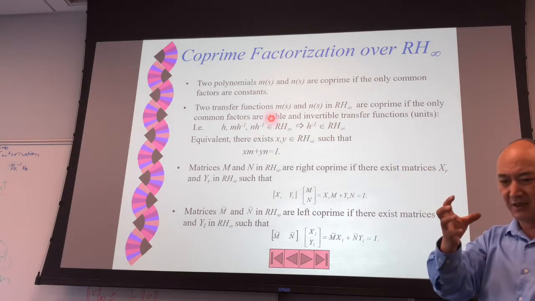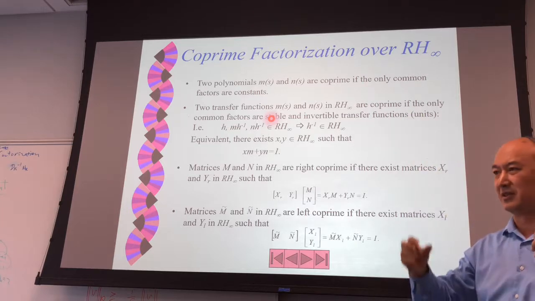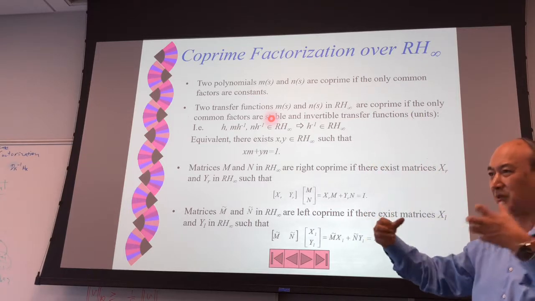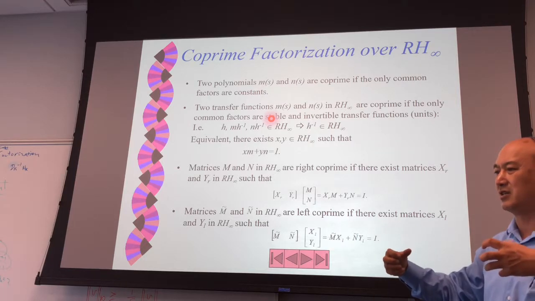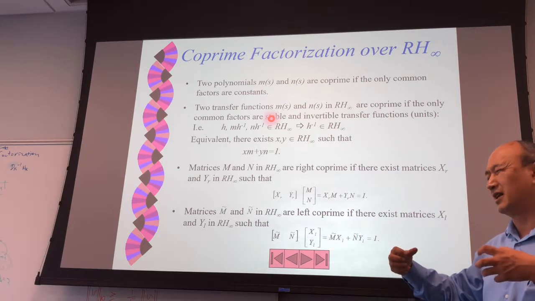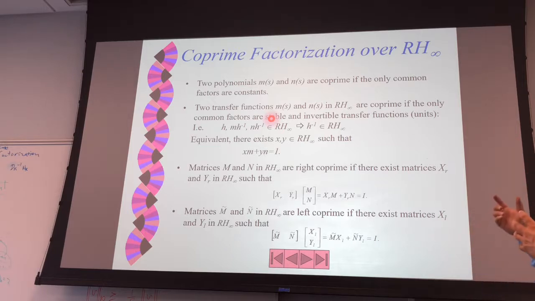M has a numerator and denominator, N has a numerator and denominator. Then we ask whether these two transfer functions are coprime or not. It turns out the definition is that they are coprime if and only if the only common factors are stable and invertible transfer functions.